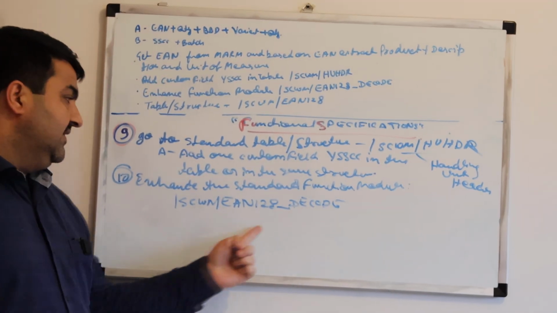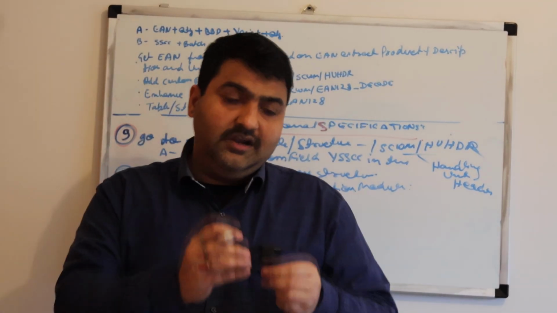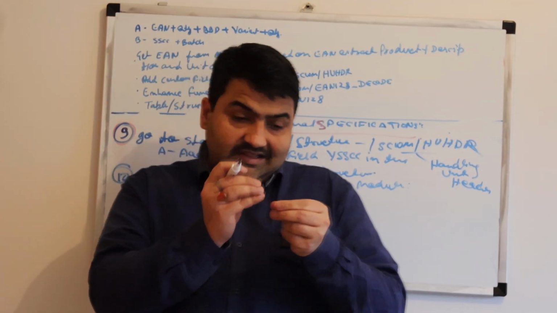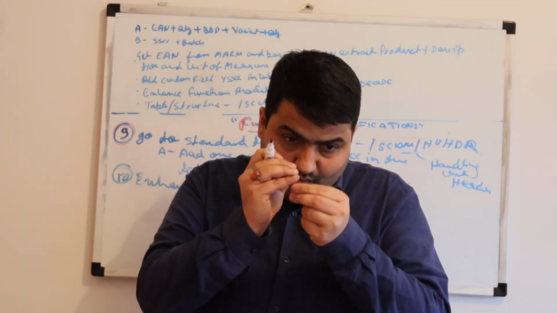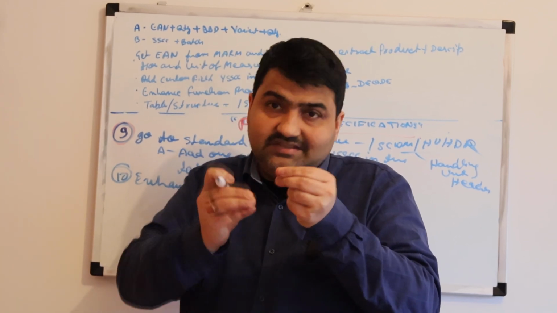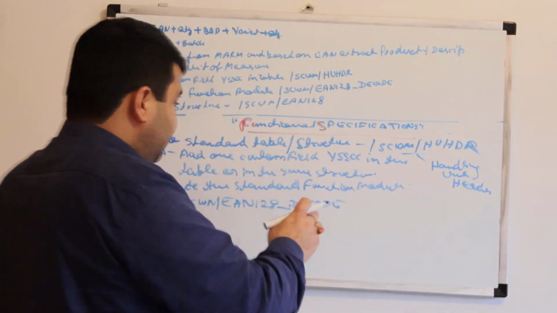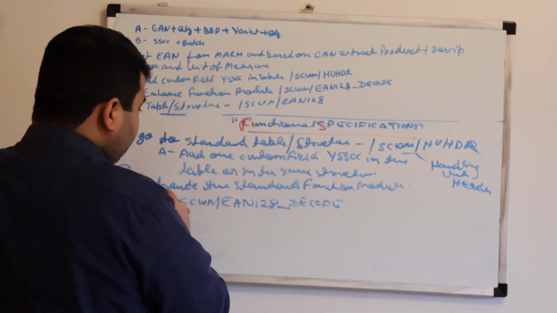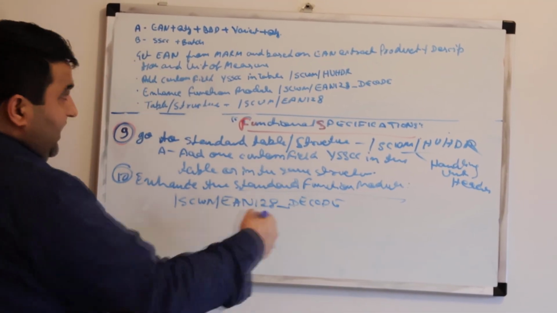This function module is responsible to translate the digits we have on the barcodes into the system. This function module translates the barcode details. So enhance the standard function. He will do the enhancements here.